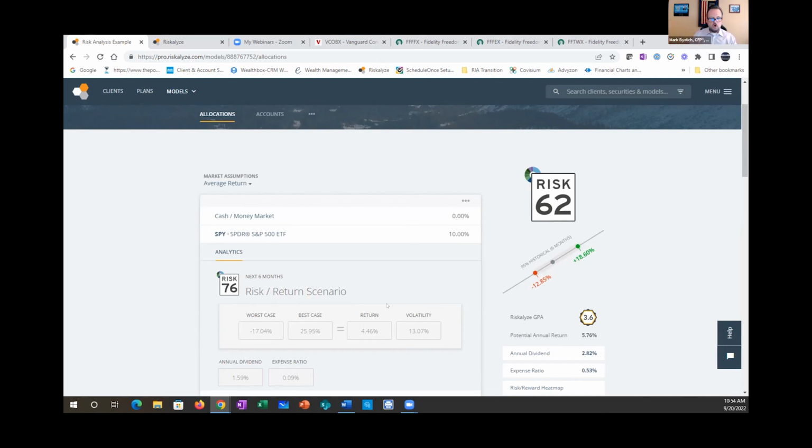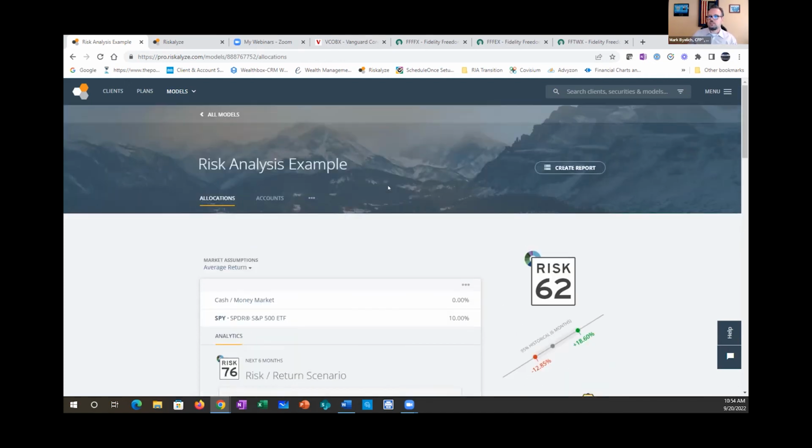So I hope this was helpful as far as identifying what your risk tolerance is. I wish you could just find a tool like this and use it. If you want to see what your risk number is and start there. If we put in your funds, we'd have to spend a lot of time putting your funds in.